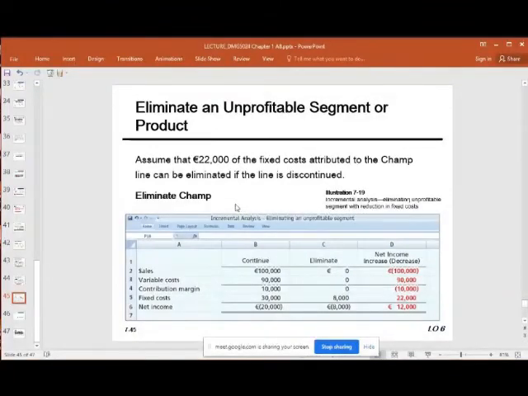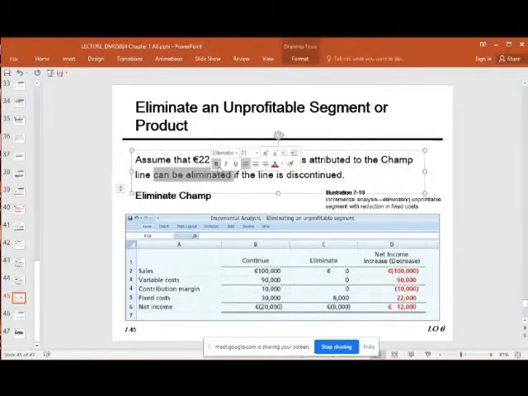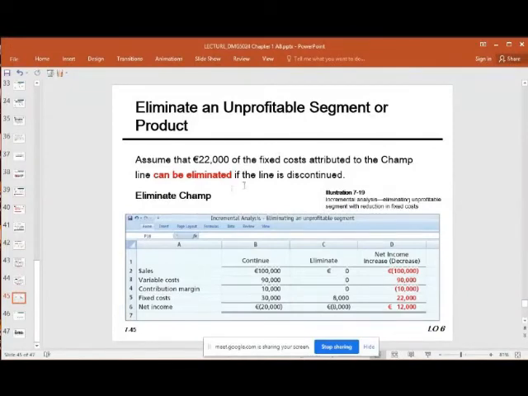So let's look at another example. Okay, now assume that we are using back the same example, but now you assume that 22,000 of the fixed cost attributed to CHAM can be eliminated. Can be eliminated if the line is discontinued. So do you see it is here? Fixed cost eliminated. Can be eliminated.